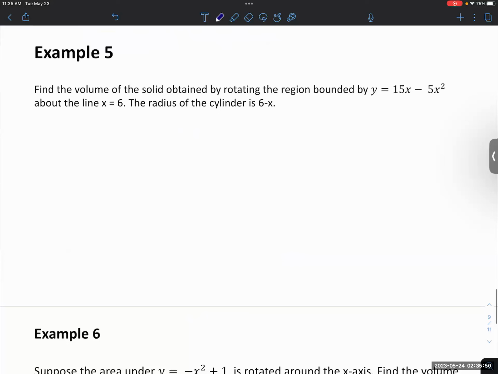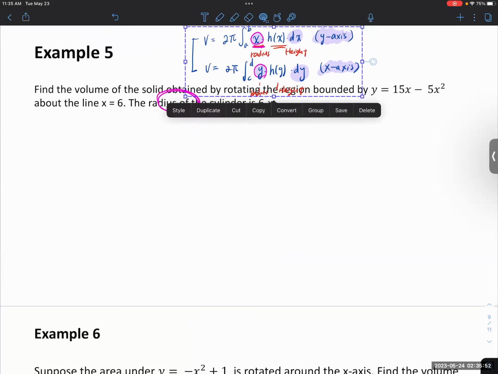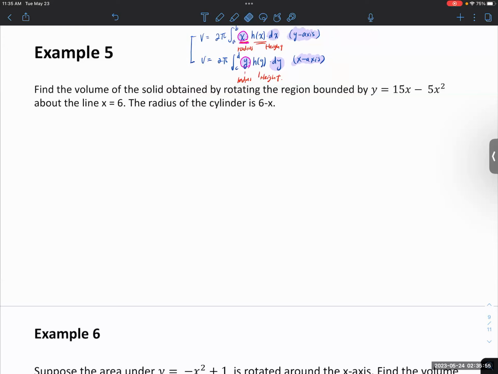In the equation, we have this formula, we know. Find the volume of the solid obtained by rotating the region y equals 15x minus 5x squared, rotating about x equals 6. So the radius is new. Are you okay with that? We have a new radius because you rotate it.